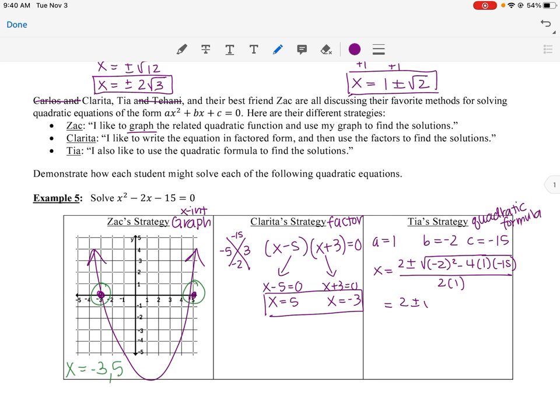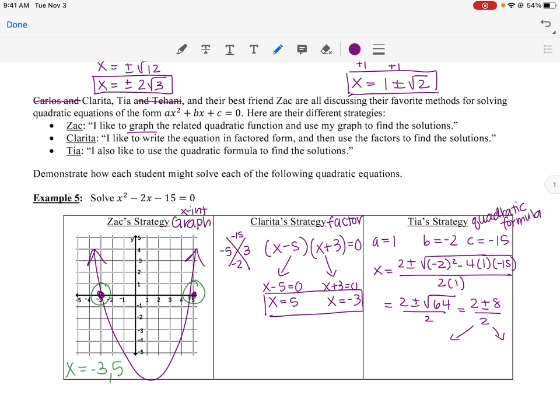So we get 2 plus or minus the square root. If I type in -2 squared minus 4 times 1 times -15, I get the square root of 64 divided by 2. The square root of 64 we know is 8, so we get 2 plus or minus 8 divided by 2.